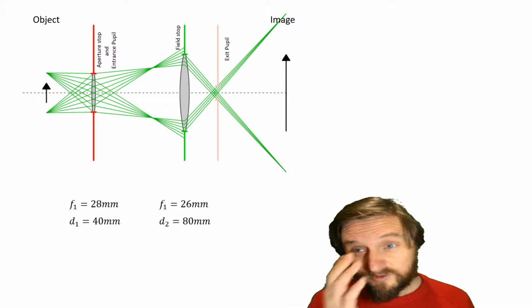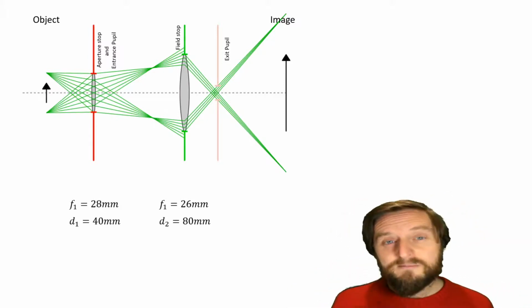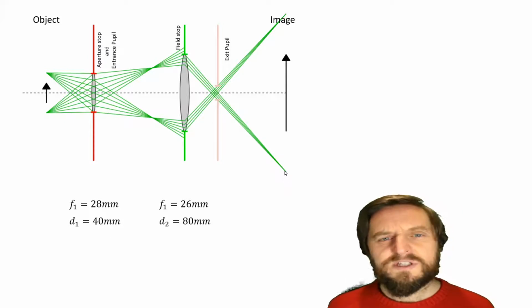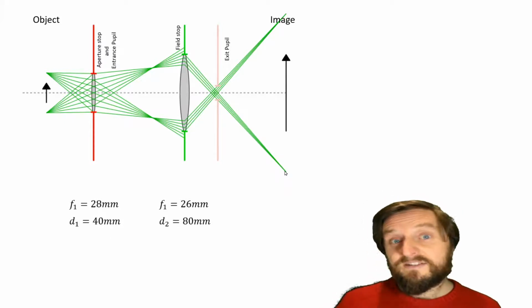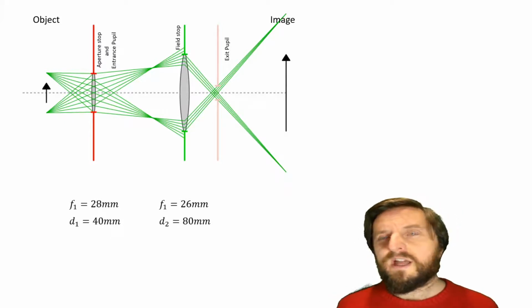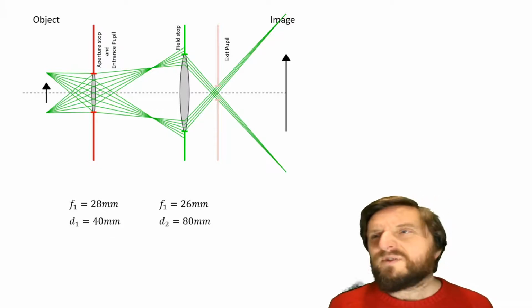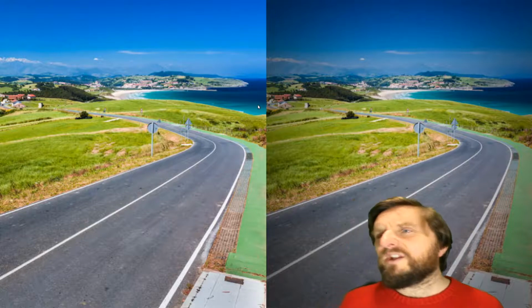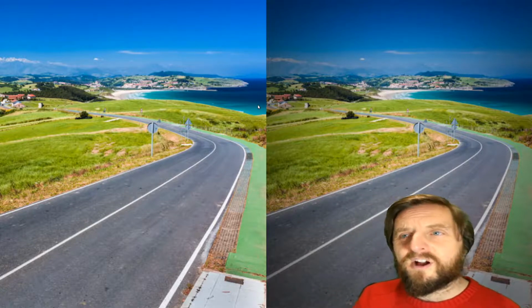Now what does that do? Well, it doesn't clip the image, it doesn't cut things off the image, but it does mean that these points at the edges of the image receive less light than points near the center of the image. And that produces an effect called vignetting, which you can do on purpose for artistic merit.